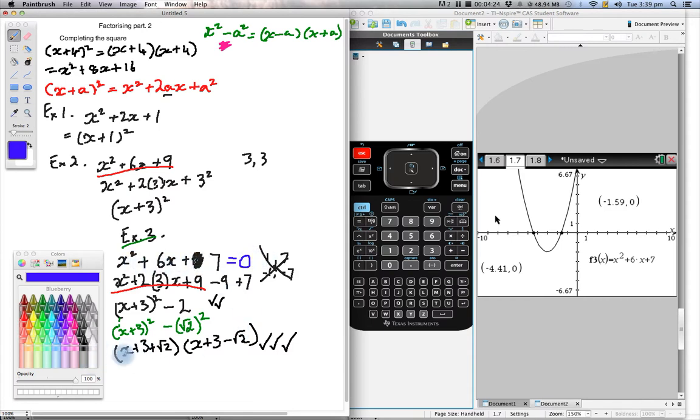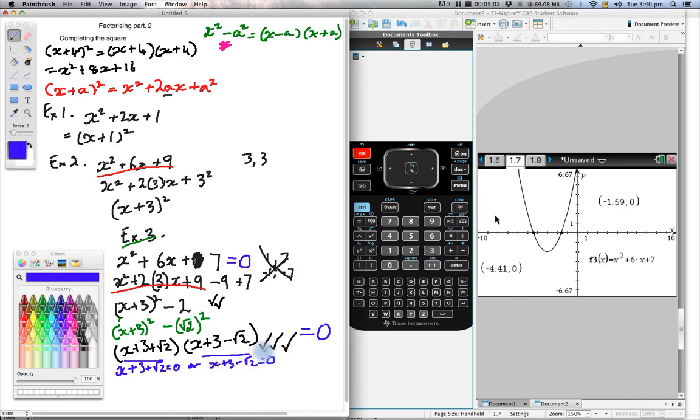But when it's in factorized form like this, finding when that equals 0 is much, much easier using the null factor law. Basically what the null factor law says is one of these two factors, either this one or this one, must equal 0. So either x plus 3 plus root 2 equals 0, or x plus 3 minus root 2 equals 0.